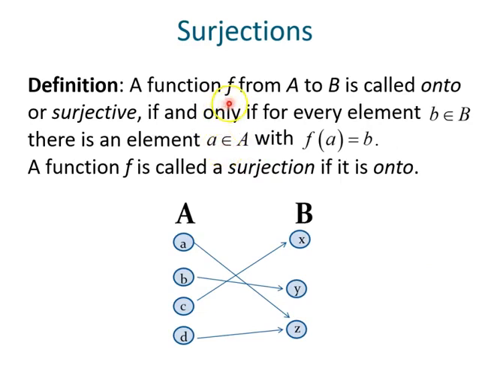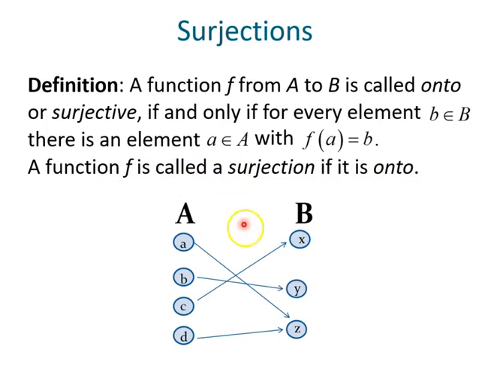A function f from A to B is called onto or surjective if and only if for every element b in B there is an element a in A such that f of a is equal to b. A function f is called a surjection if it is onto.